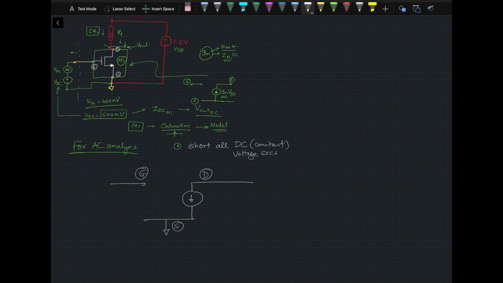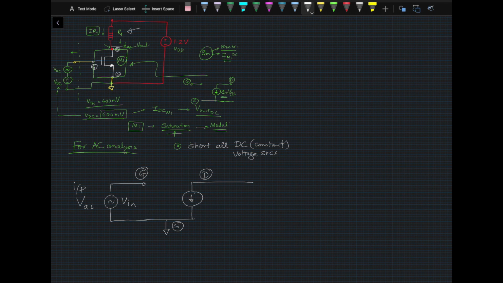So between gate and source, we have to remove the DC voltage source. We short all the DC voltage sources, so we would only apply the AC source here, which is the VAC input. We can call it V in AC, and then at the output we have this resistance R1.